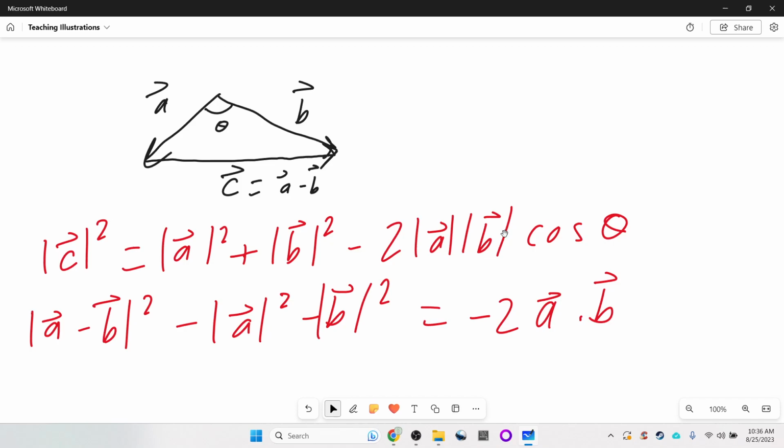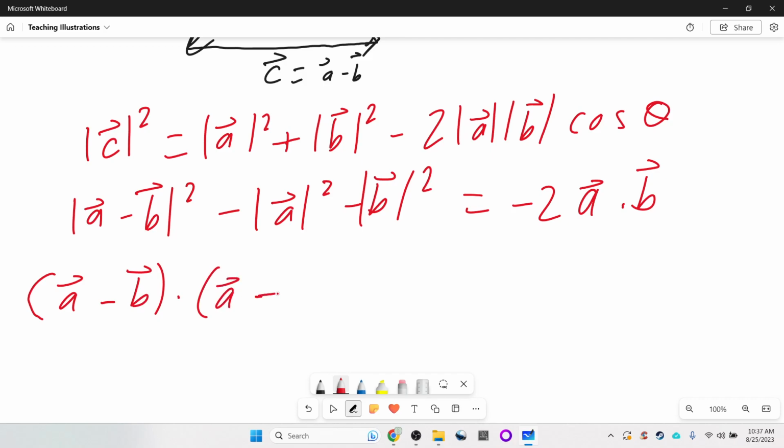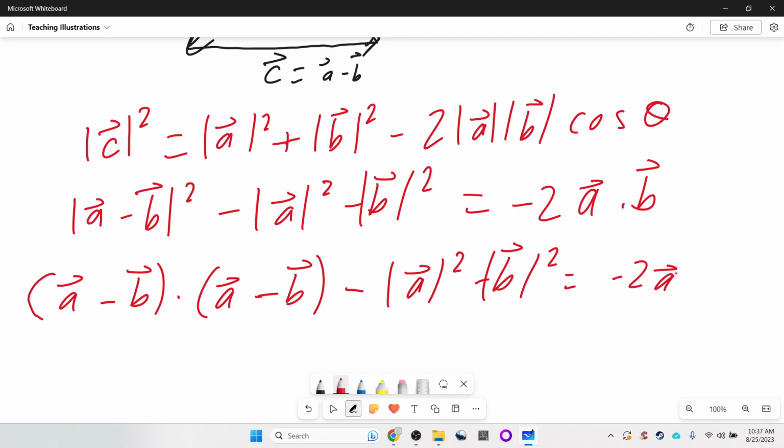Now we want to work out the left side or the rest of this and show that it comes out to the other definition. Well, we just said this is the same as (A minus B) dot (A minus B). And we'll have minus A squared minus B squared is negative 2 A dot B.